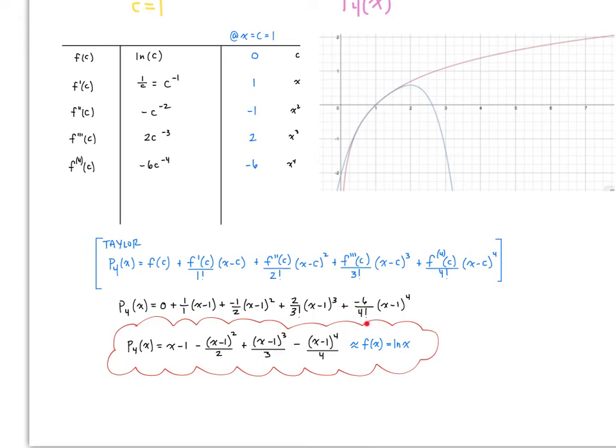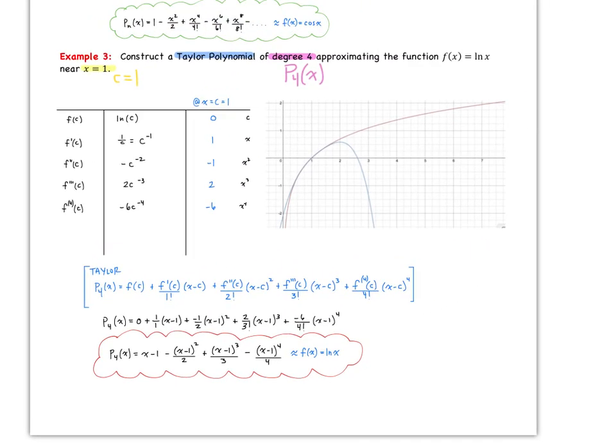Negative 6 over 4 factorial simplifies to negative 1 over 4, so negative x minus 1 to the 4th over 4. So this is the fourth degree polynomial approximation to approximate the function f of x equals ln of x.